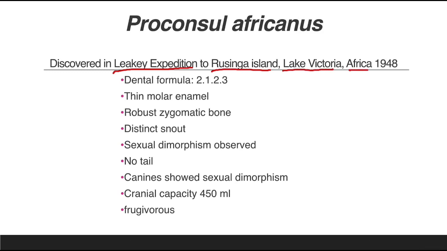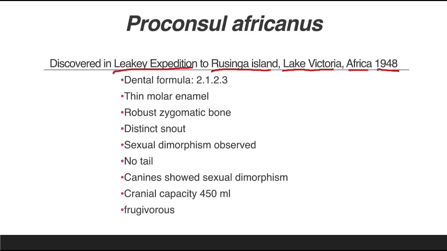Leakey expedition is nothing but researchers whose name was Leakey, and they had discovered so many fossils, hence the expedition was known as the Leakey expedition. There are a lot of lakes in Africa on the eastern side, and in the Rusinga Island of Lake Victoria in 1948, the proconsul africanus fossil was found.